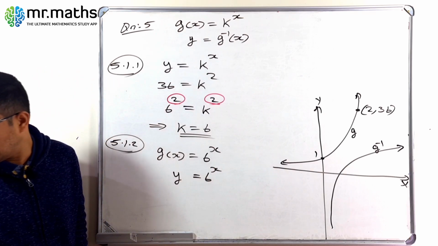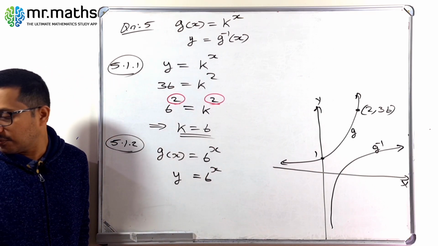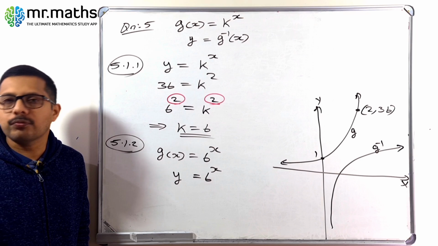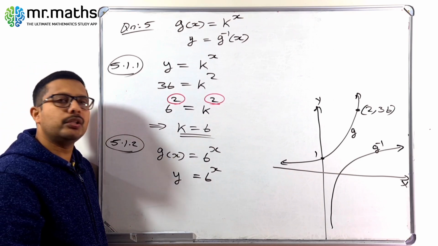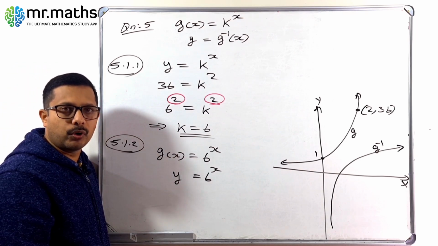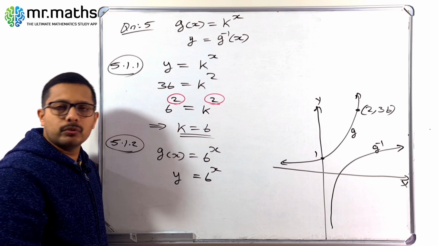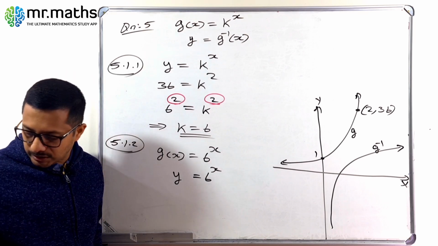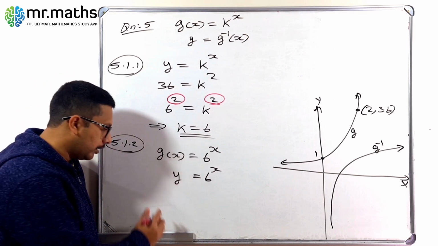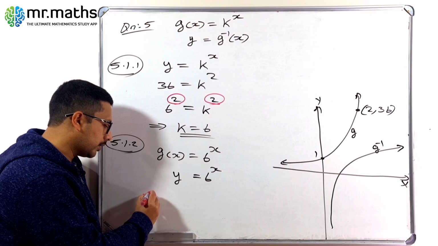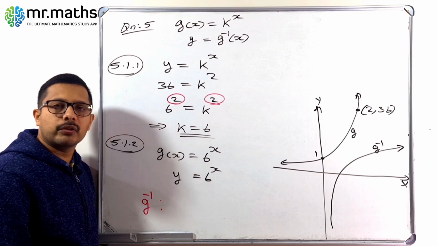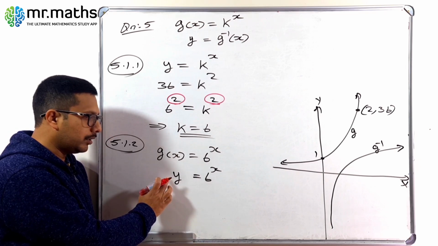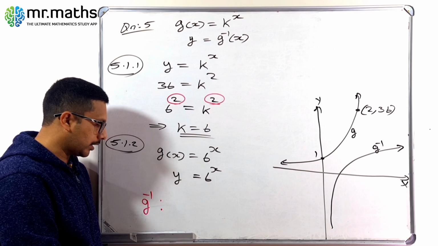What is the question here? Give the equation of g inverse in the form of y. Okay, so to write the equation of g inverse, what did you study in your class? This one is g of x, am I right?